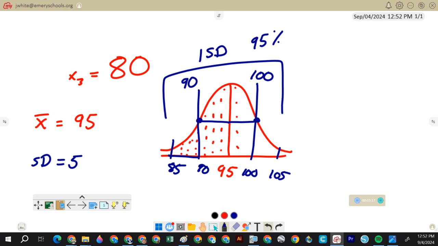If I only give the test to 20 people, am I going to get a nice normal curve? No. I need to give this test to hundreds, probably thousands of kids. And once I do that, then I'll have a nice normal curve. All right? And if I go out one more standard deviation, 80 and 110 points, then that should capture about 99.7%.